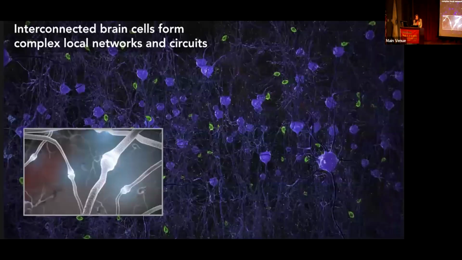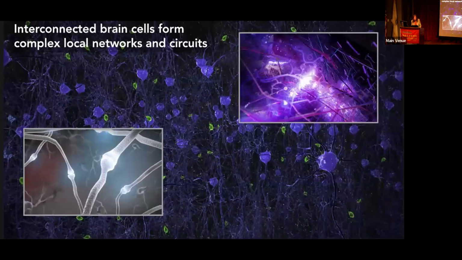So we know that the human brain contains billions of neurons, roughly 87 billion. And these neurons obviously connect with each other to form very complex and intricate networks and circuits through the formation of synapses. The information in the brain is processed via neuronal firing.